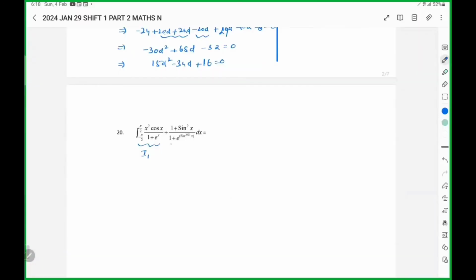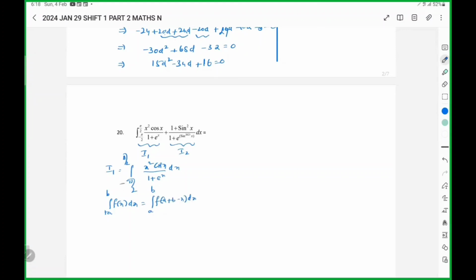This is one integral and now the second integral. So I1, minus pi by 2 to pi by 2 x square cos x by 1 plus e power x. I'm using the formula integral f of x dx is integral f of a plus b minus x dx.